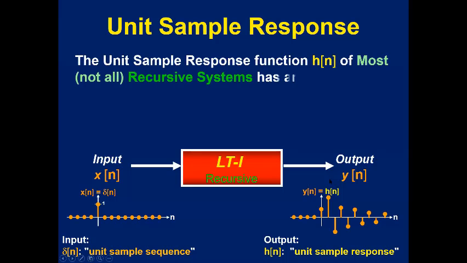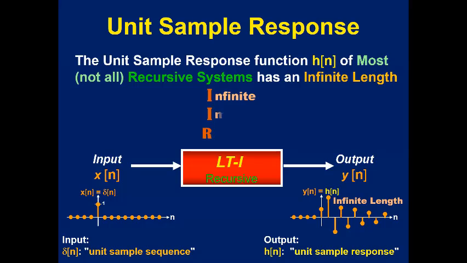And so this kind of recursive system is what we call an IIR system, infinite impulse response, because literally its unit sample response never quite gets back to 0. Whether it oscillates or not doesn't matter. It may be decaying, but it's never quite getting to zero.